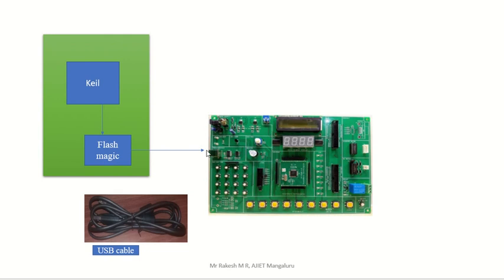Here we have a USB port, and your computer also has a USB port. We are going to connect that, and power supply for that particular LPC2148 kit is supplied through this USB cable from this computer itself. And we are going to dump your hex file code using FlashMagic software to your LPC2148 kit through this USB cable itself.